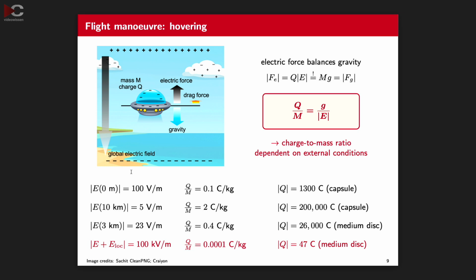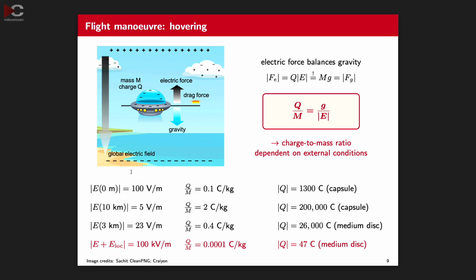So let's assume we take the electric field strength at 0 meters above ground. Then we insert about 100 volts per meter into the equation shown in the red box. This gives us a Q over M ratio of 0.1 coulomb per kilogram. This implies for the tic-tac shaped UFO a charge of about 1.3 kilocoulomb.